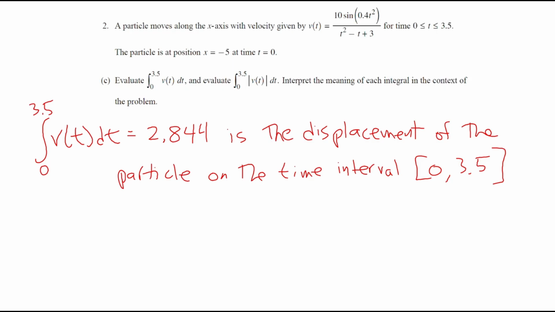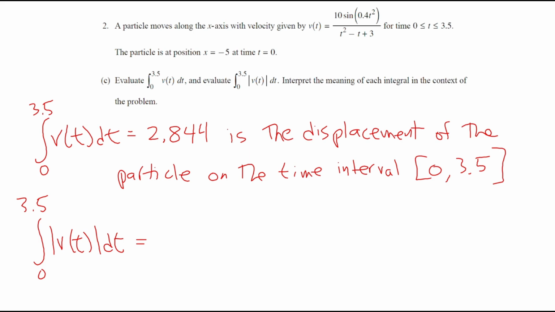And then we'll do the same thing with our integral from 0 to 3.5 of the absolute value of v of t dt. Now, before I even find that out, what does that equal? Well, the integral of the absolute value of velocity is an integral of speed.